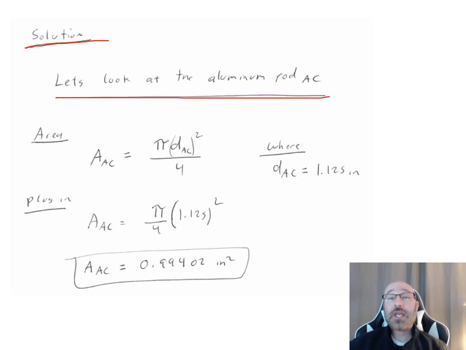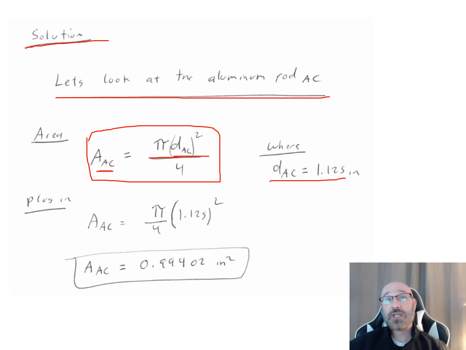Well, what is the area of this rod? We're given our diameter. So from diameter, we have this relationship for area right here. And notice I have my indices here just to denote which portion of the project or part I'm dealing with here. So I'm dealing with my aluminum rod, rod AC. So the area of AC is equal to pi times my diameter of AC squared over 4.